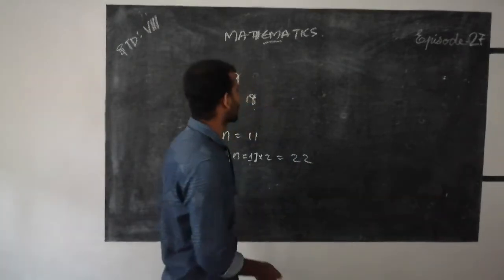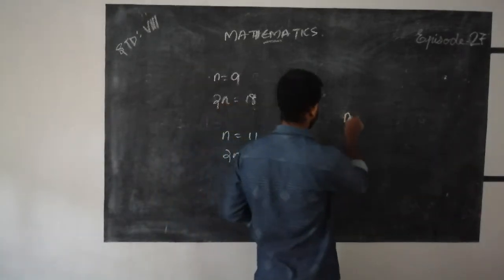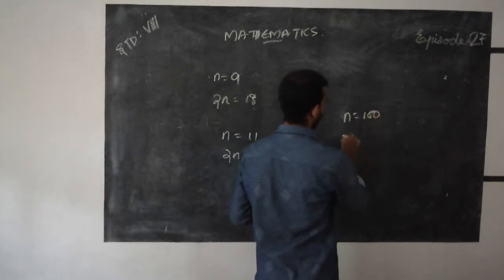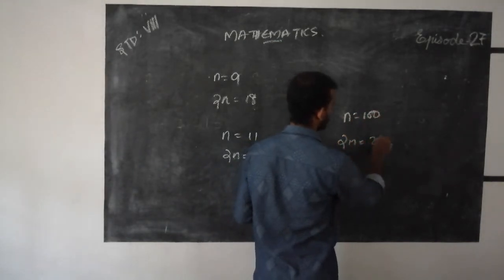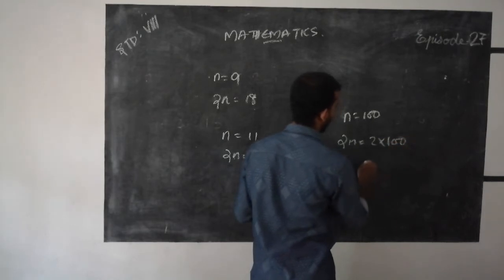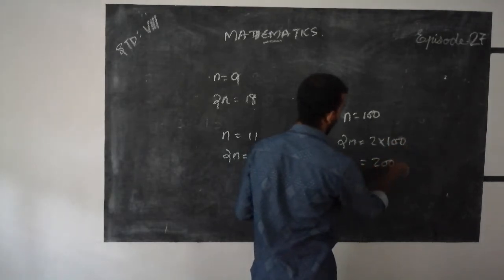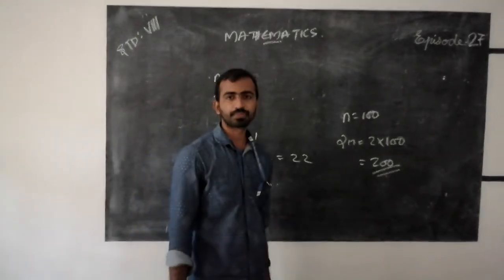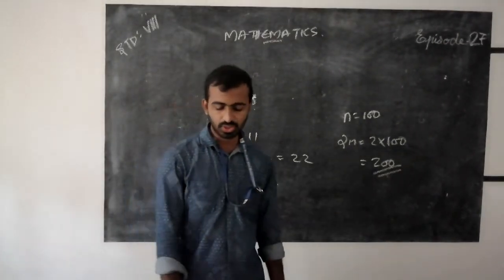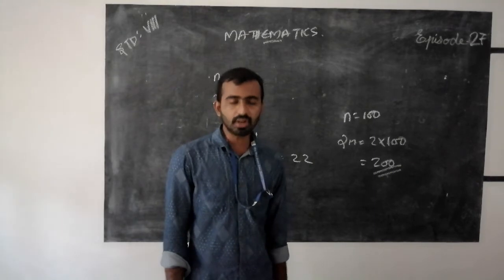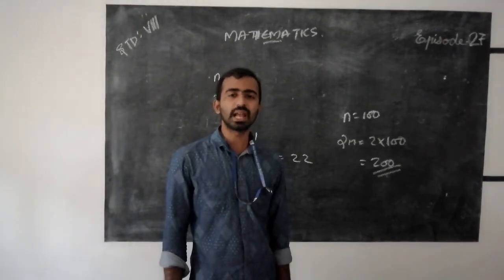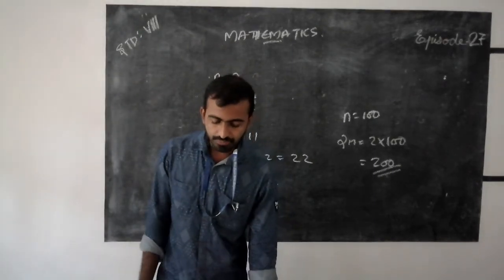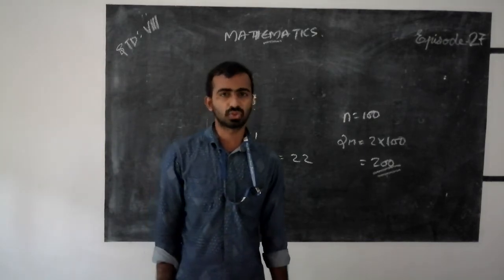Here n equals 100, so 2n equals 2 into 100, we get 200. So 200 non-square numbers lie between 100 square and 101 square.